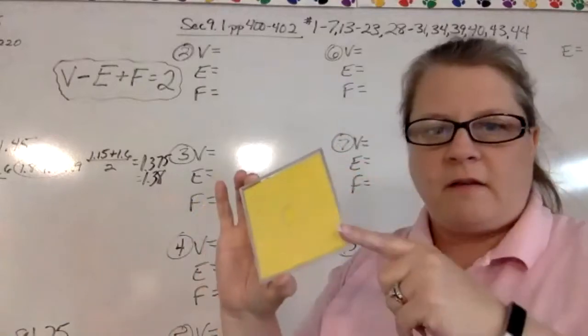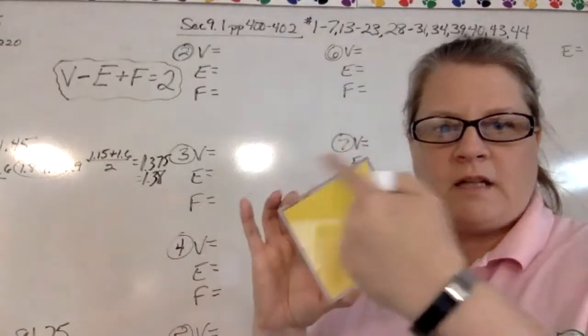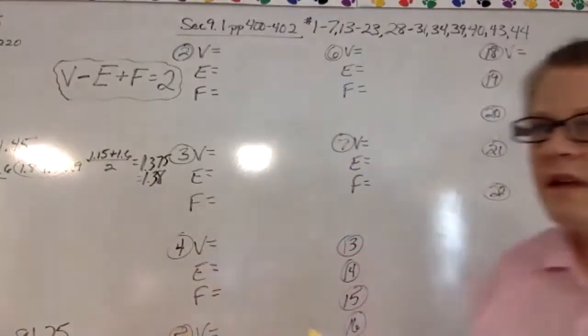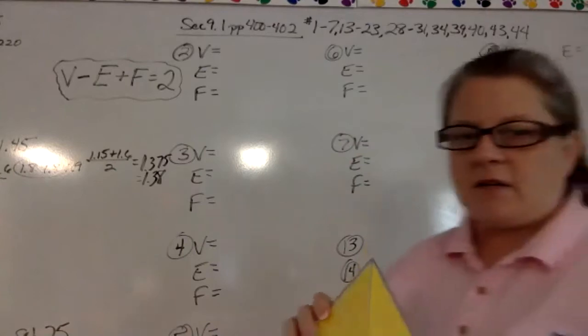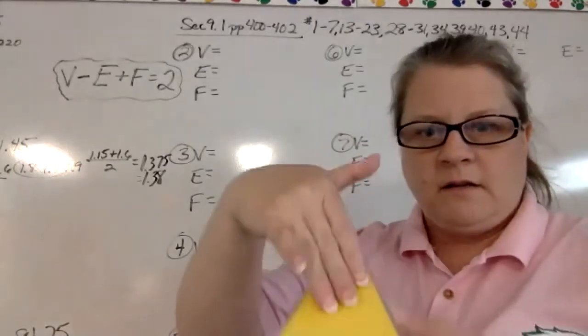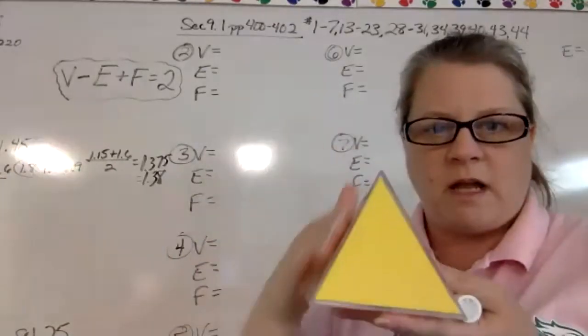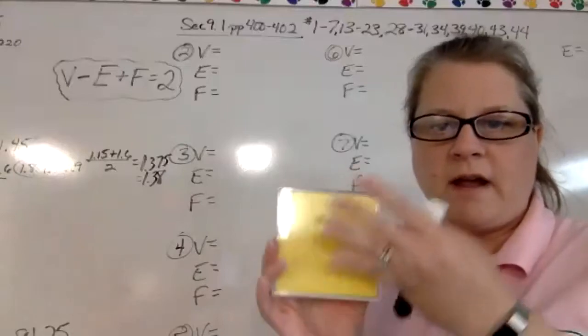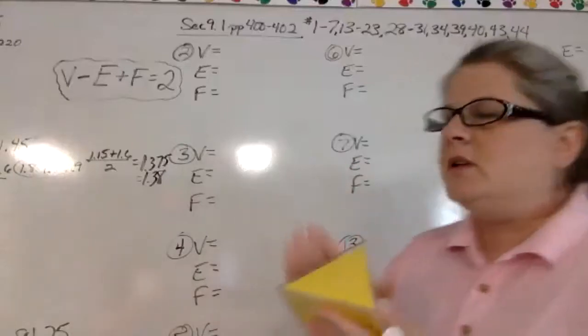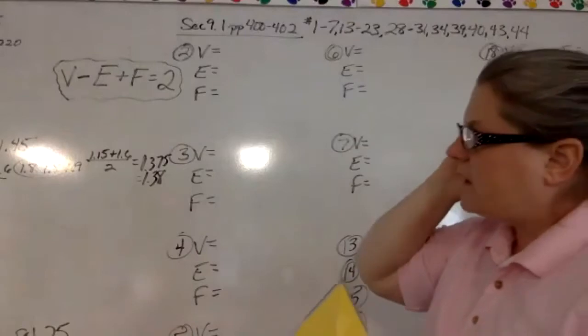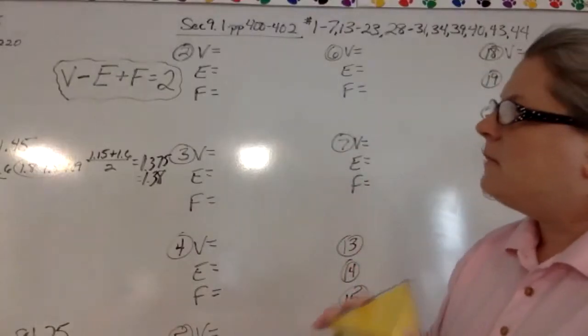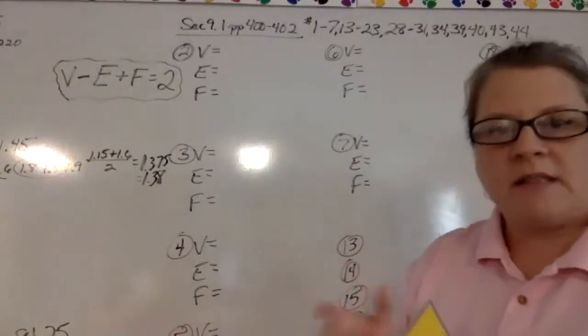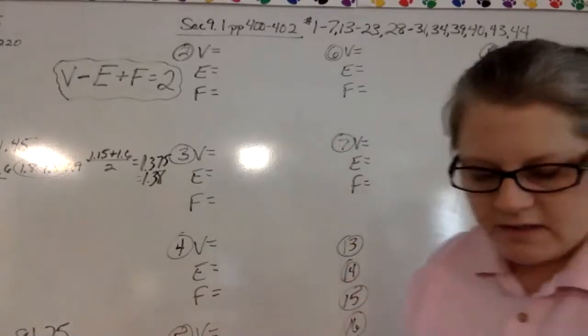Then you also have 4 edges going around the bottom. And then faces are the actual flat sides. So there's 1, 2, 3, 4 of those going around and 1 on the bottom. So it's saying when you take the number of vertices minus the number of edges plus the number of faces, it should always equal 2.